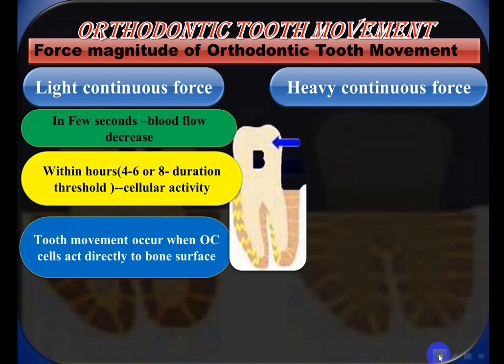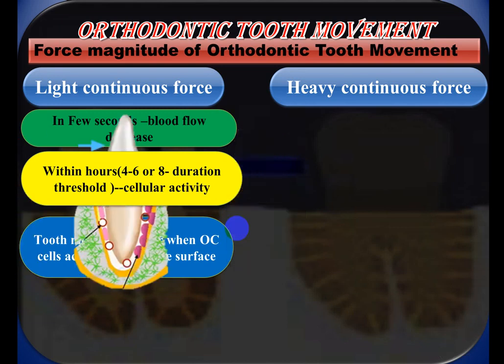The osteoclast cells that have been differentiated and activated within the PD ligament of the compressed side begin to act directly on the bone. This is the bone, the bone that is adjacent and facing the compressed side of the PD ligament, like this diagram.